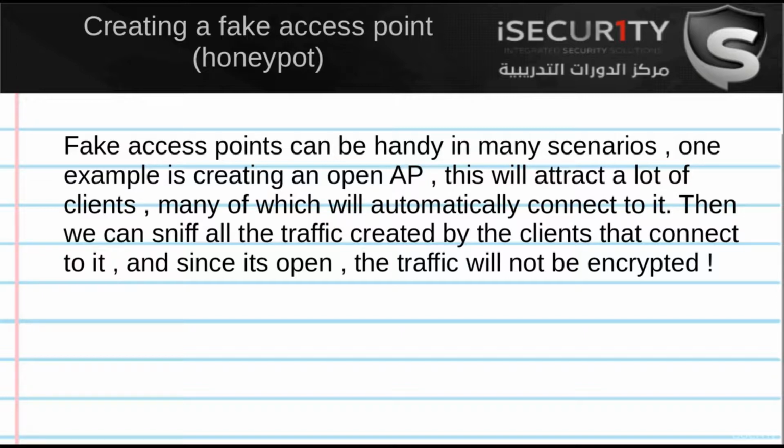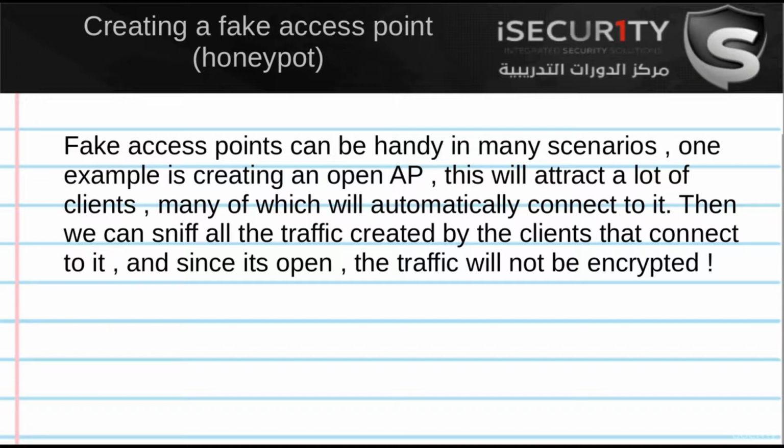Well, if we create a fake access point, we're going to attract a large number of people to connect to this network and access the internet. Once they do that, they're going to be logging in to their accounts, and doing what they want to do on the internet. Because the access point doesn't use encryption, we'll be able to sniff it very easily and capture all the information that they log.